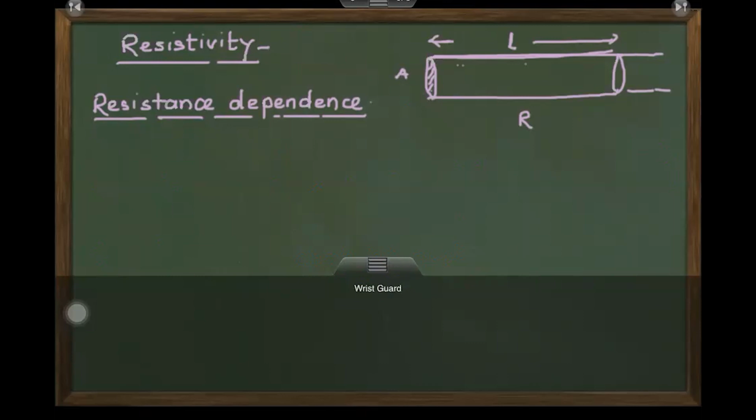If collision will be more, what will happen to resistance? More. And that's why we can say that the resistance is directly proportional to length. Directly proportional means if one is increasing, the other one is increasing.